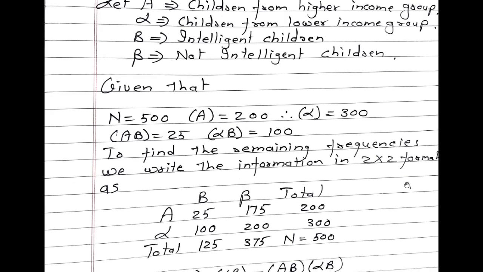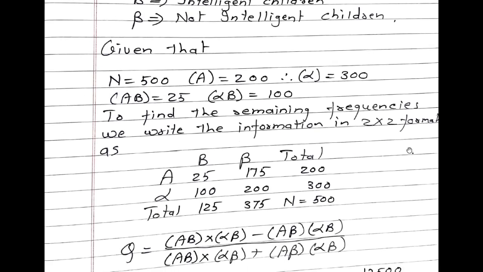So to find the remaining frequencies, we write the information in the 2x2 format as A, alpha, total; B, beta, total. So value of n is 500, frequency of class A is 200, frequency of class alpha we have calculated as 300, and frequency of AB is 25, frequency of alpha B is 100.